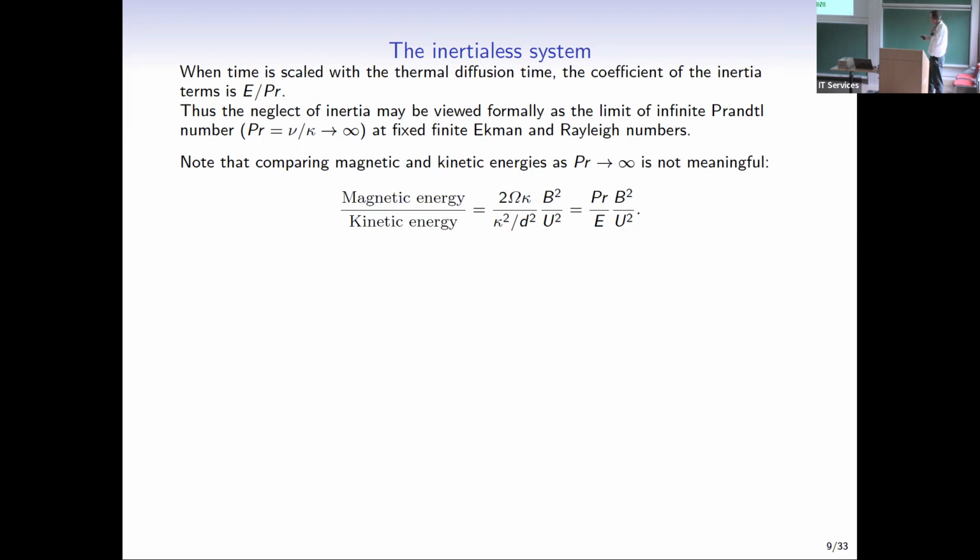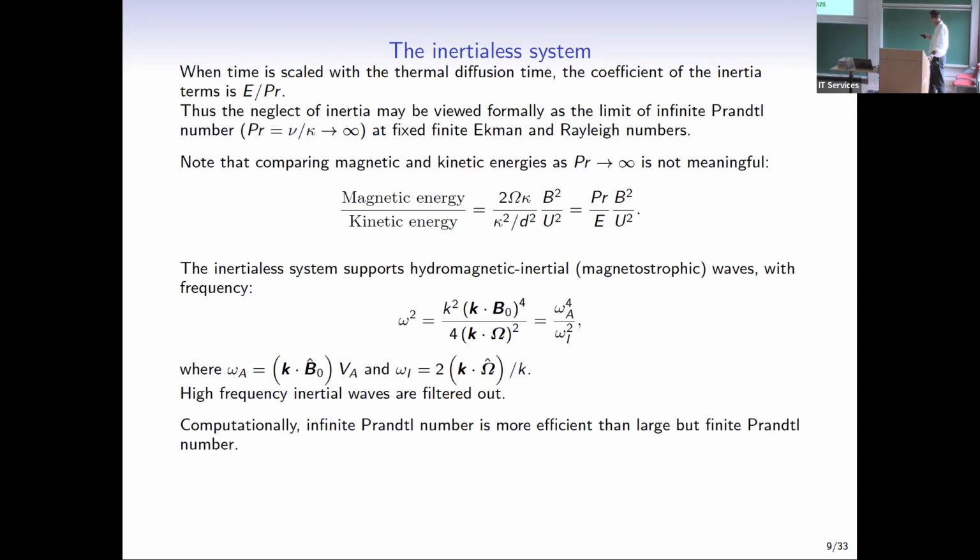Then it comes out like this. But the Prandtl number is infinite in this problem. Okay. So you cannot relate magnetic energy to kinetic energy in this problem. Maybe it's not that surprising because what does kinetic energy mean? You know, we have no dtu to give us a kinetic energy equation.